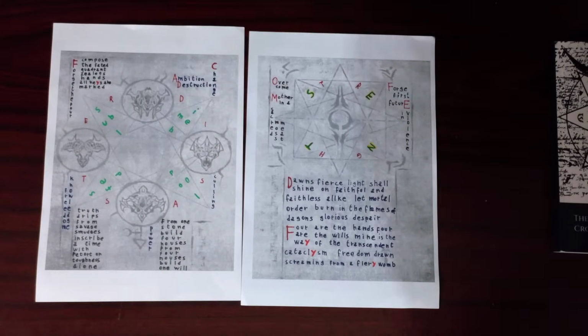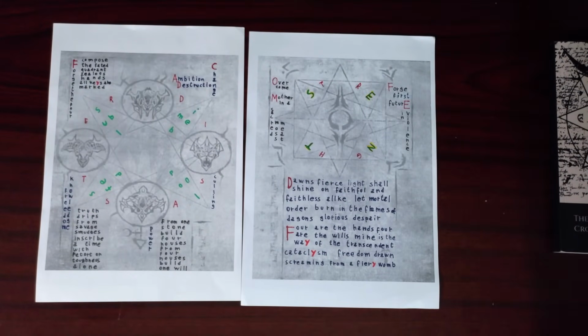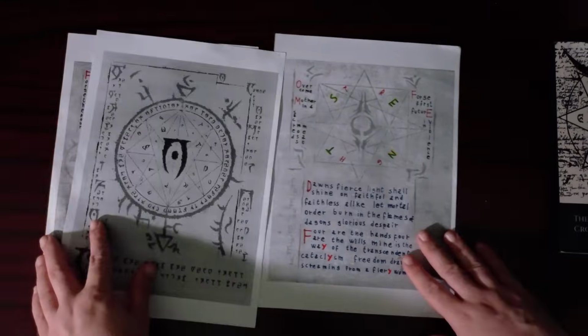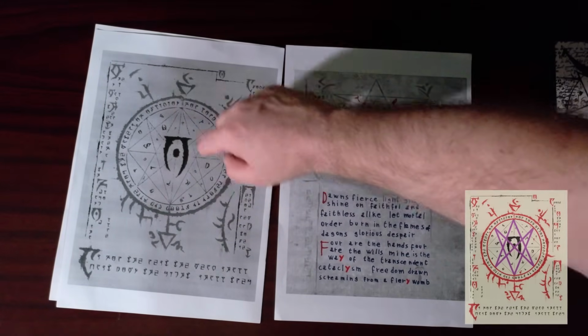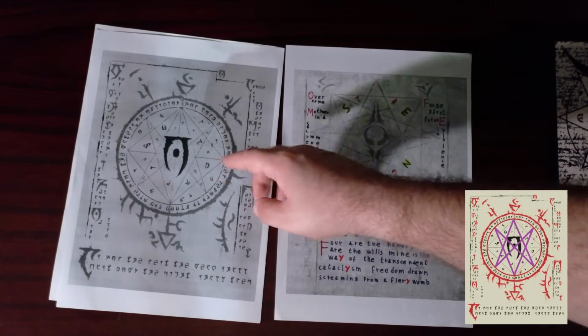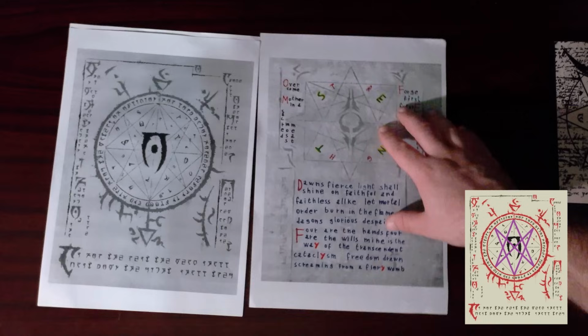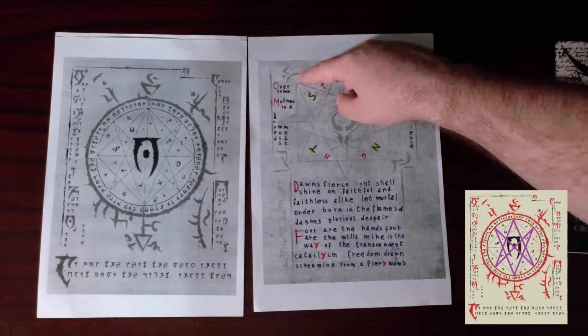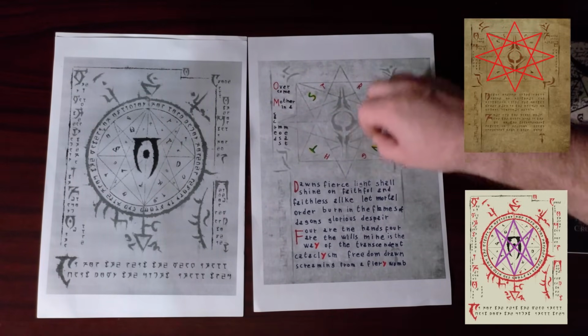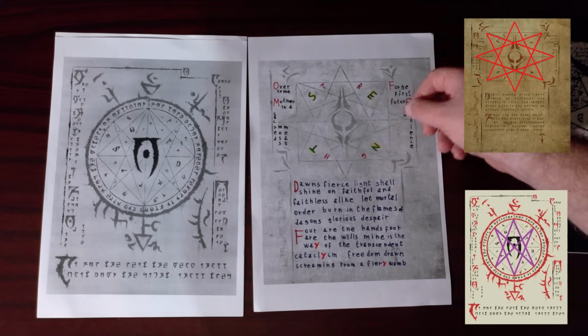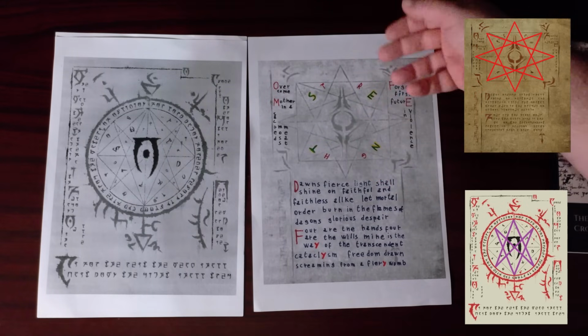In fact, if we go back to page 1 of the Oblivion pages, here we will see this hexagram, which is the unicursal hexagram, and here we have instead a unicursal octagram. Unicursal means that you can write the whole figure without needing to take your pencil away from the paper.